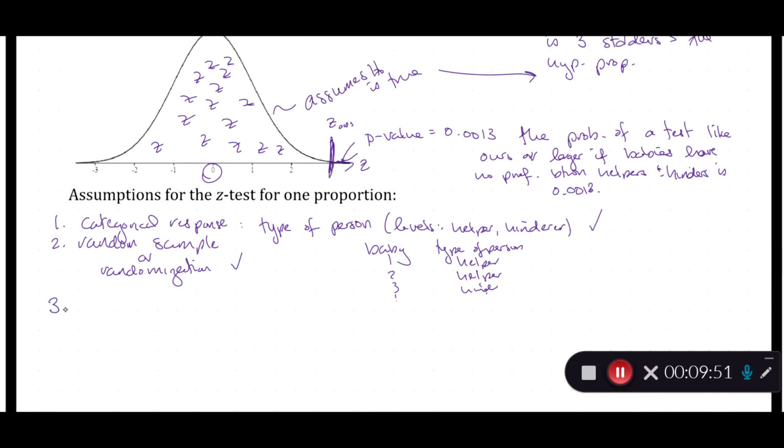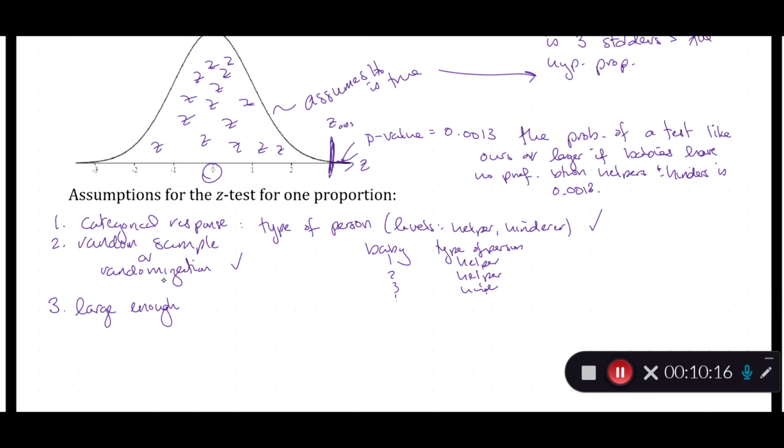And then third, the last thing we need is a large enough sample. Every time that we've done a study, we've had something about the type of variables, something about the randomness of the sample, and something about the distribution. So for t-tests, we always have to have a normal population of the response.